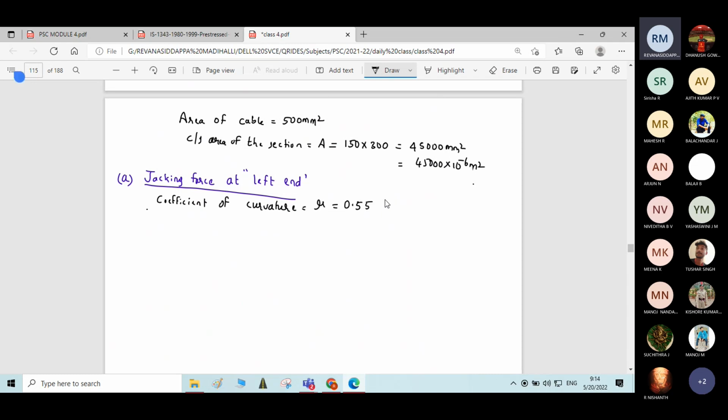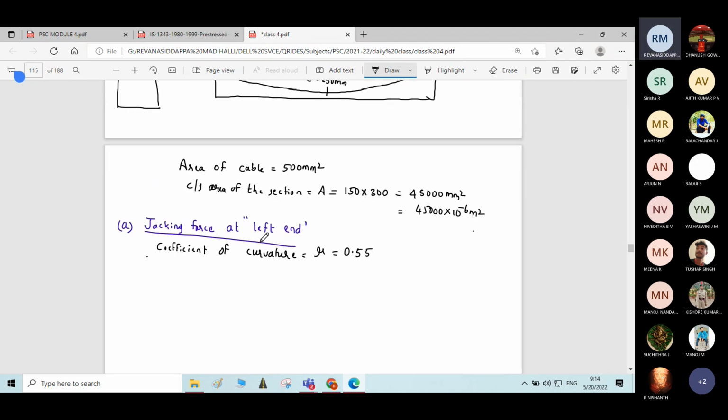It is nothing but the frictional coefficient. Due to curvature only, there will be friction between the cable and the duct. That is why it is called the coefficient of curvature. Mu is equal to 0.55.